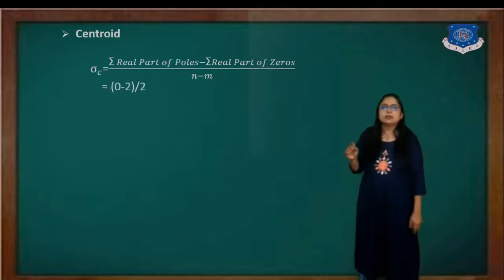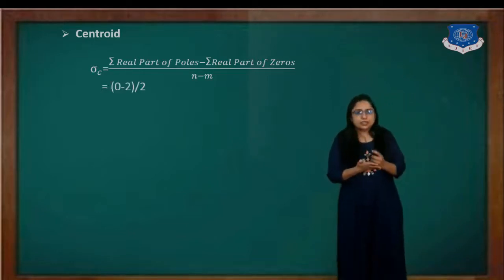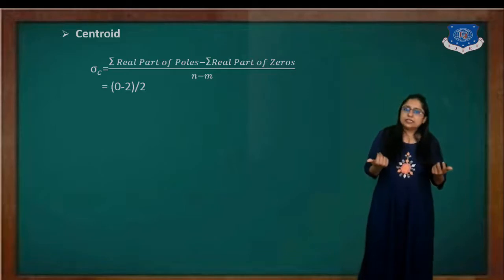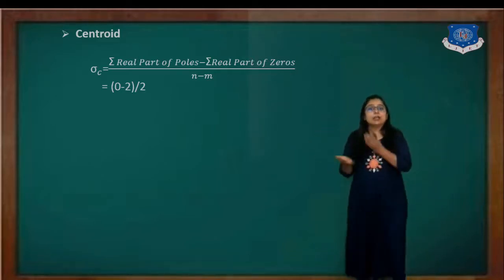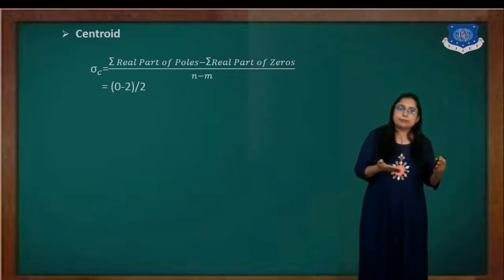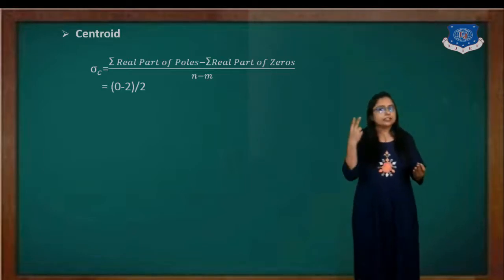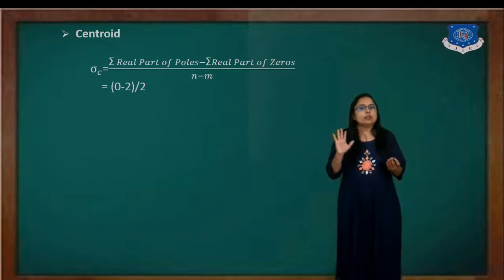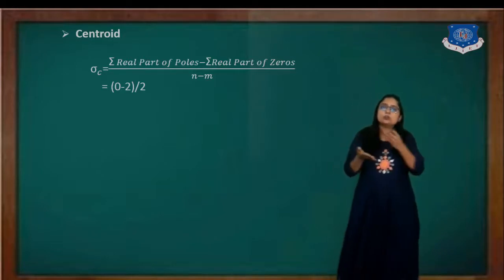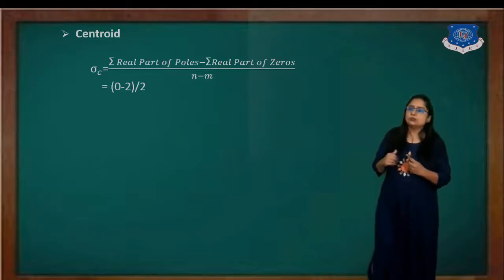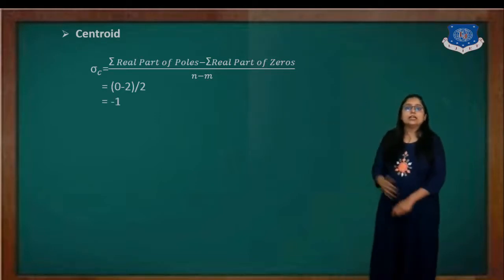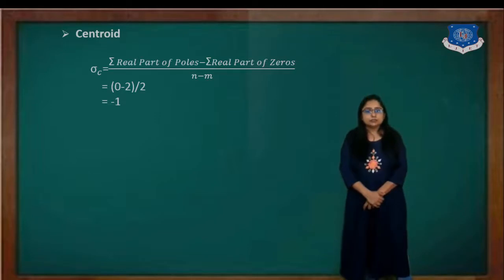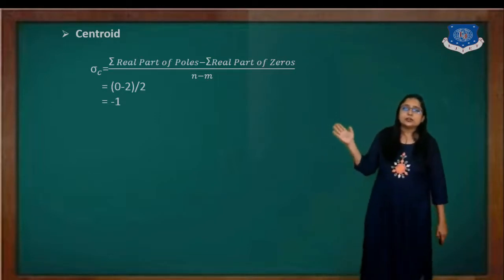So sigma c is 0 and minus 2, and we do not have any zero, that's why we are not writing that part, divided by n minus m. The value of n is 2 and m is 0, so 2 minus 0 equals 2. So minus 2 divided by 2 equals minus 1. This is the centroid.